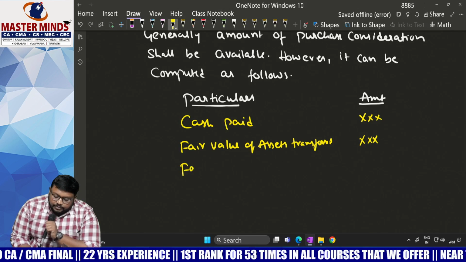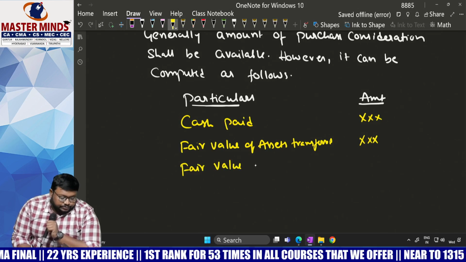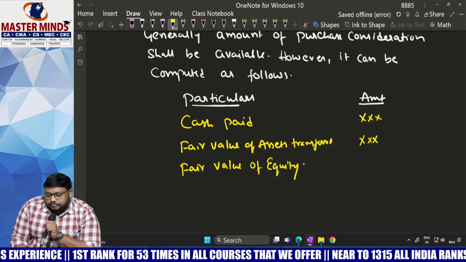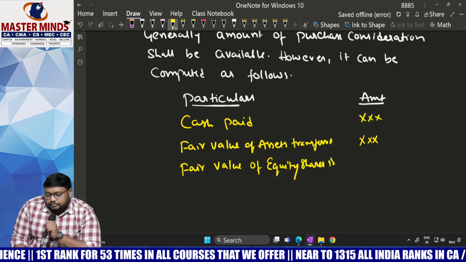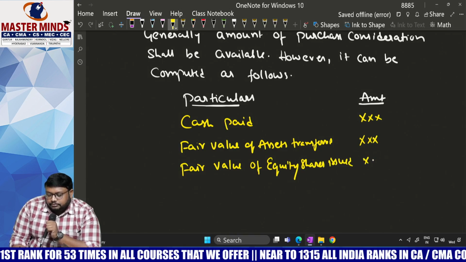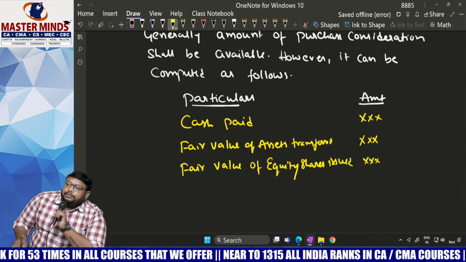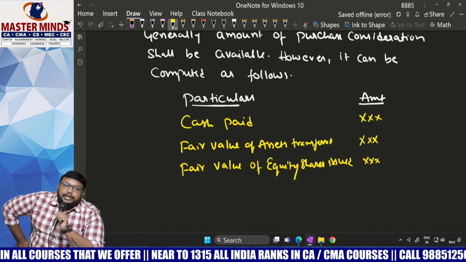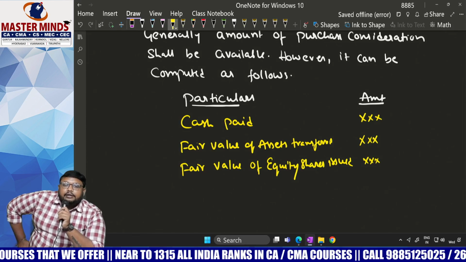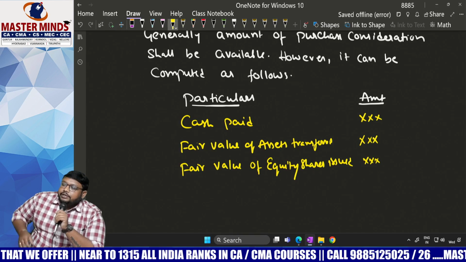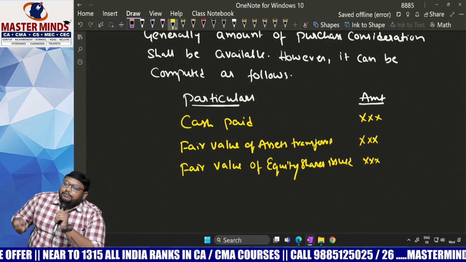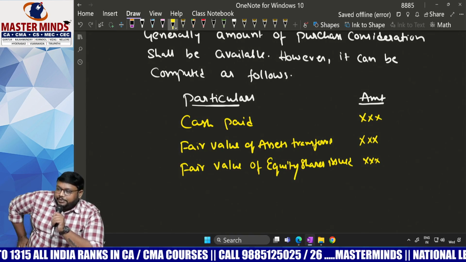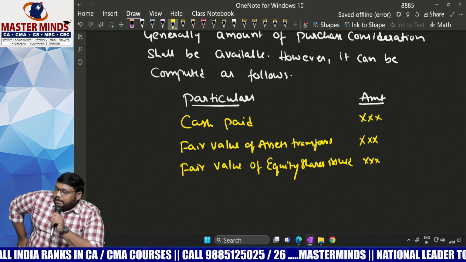Next, fair value of equity shares issued. That means you are issuing equity shares as a part of purchase consideration. Generally, you give equity shares of 10 rupees each, but that 10 rupees share in the market is 120 rupees. The fair value of the share we have to consider.